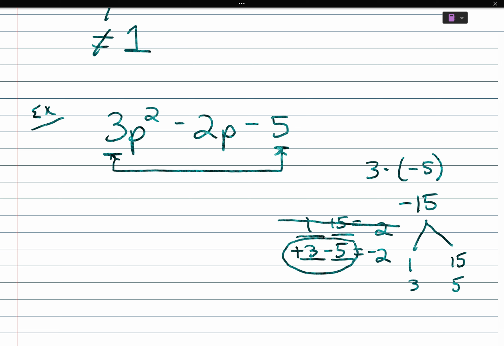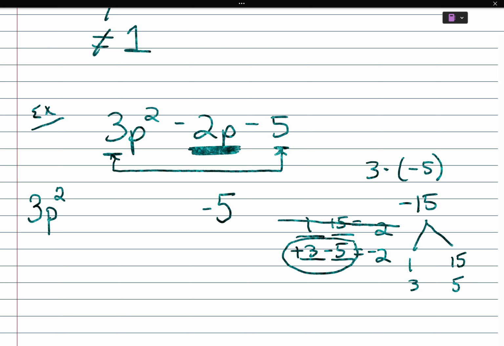So in my next step, I'm going to rewrite the trinomial. Well, at least rewrite the first term, the 3p squared, and rewrite the last term, the -5. Now the middle term is what I'm going to rewrite and just make it look a little different. I will not write the -2p.